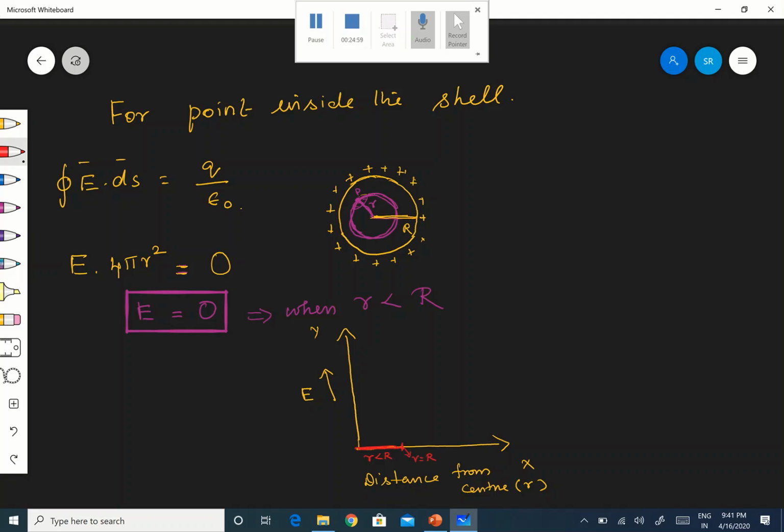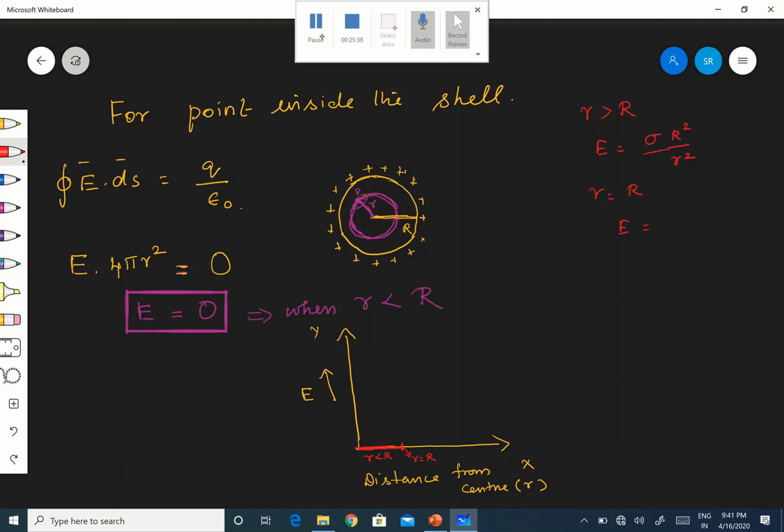For r more than R, the point is lying outside the shell, and E is equal to sigma R squared by r squared epsilon naught.